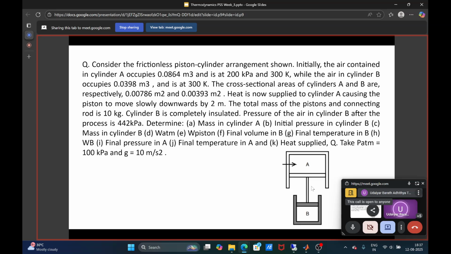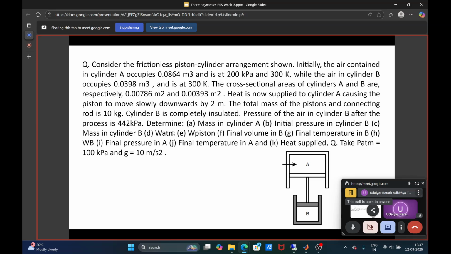So the atmospheric work is P delta V. So we calculated the change in volume for A and the change in volume of B. The only thing you need to be careful about here is how the work is being done and what you are considering as the system. So when you are taking the atmosphere, your atmosphere is your system. So there A is doing work on the system, so that is negative, and the atmosphere is doing work on B, so that is positive.